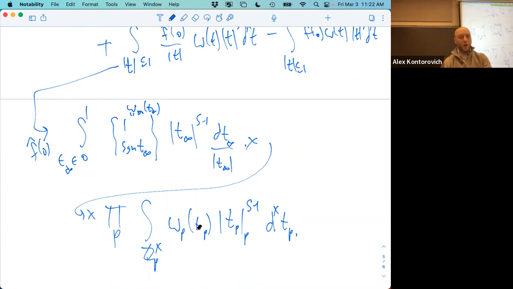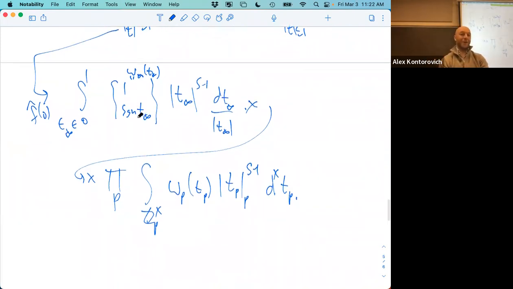That's right. This part won't give any issues. It's this part that will give us poles. Yeah, this part we can evaluate. By the way, sign is 1 anyway, because we're on the positives. So this is just 1. And so we're going to get this 1 over s, or 1 over s minus 1.